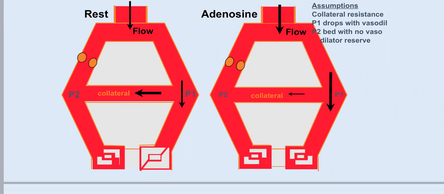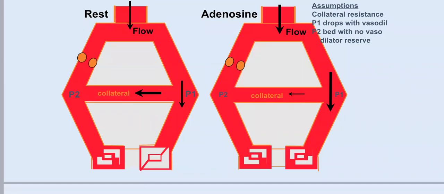So it dilates in P2. When it dilates down and decreases flow up, the pressure across the entire P2 segment is low. Compare this to P1. In P1, the flow is fine, so the pressure is fine, and the microvasculature is contracted. So the pressure is high and the blood moves from P1 to P2.